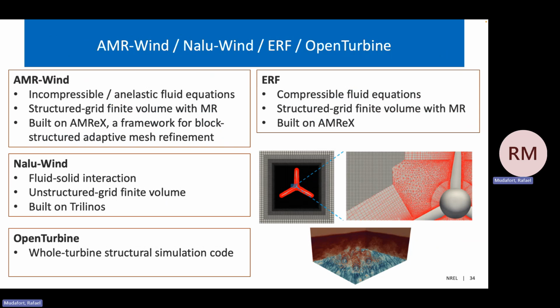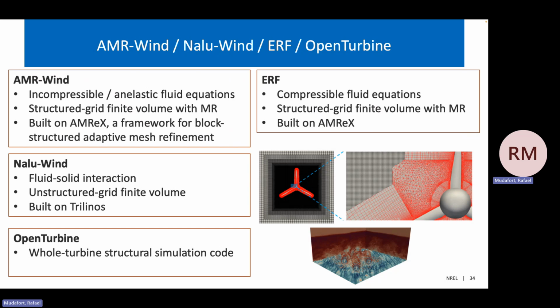All of these work together on our HPC systems to couple CFD with structural dynamics, which can be either OpenTurbine or OpenFAST. And the different domains: AMR-Wind can handle a full wind farm and does the flow between the turbines.